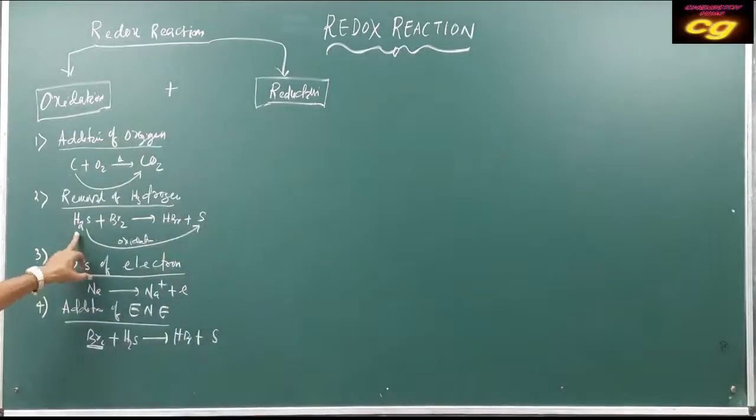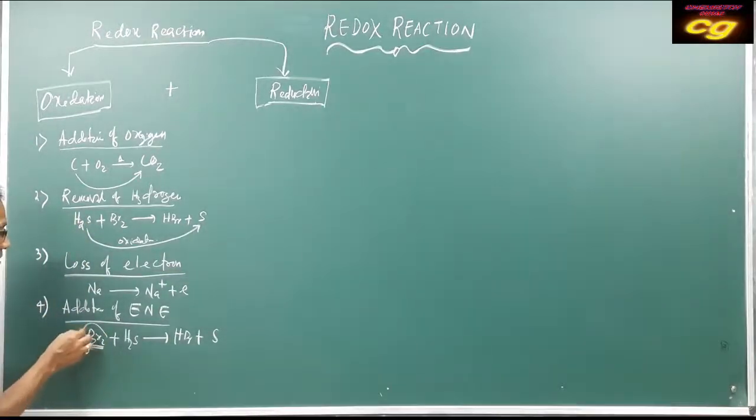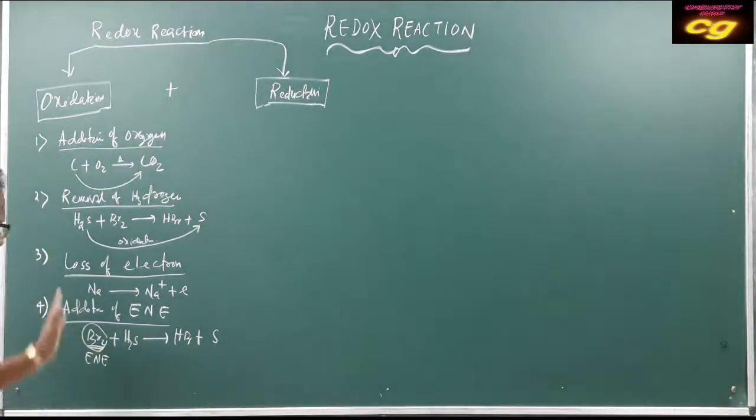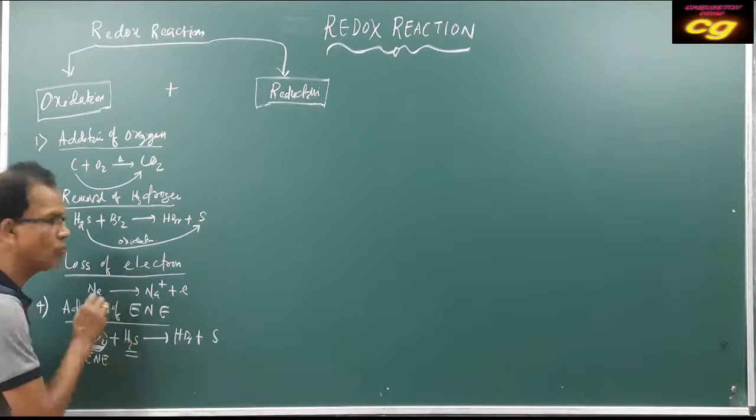Here H2S loses hydrogen, that is oxidation. But here, addition of electronegative element: electronegative element is added, that's why H2S undergoes oxidation.